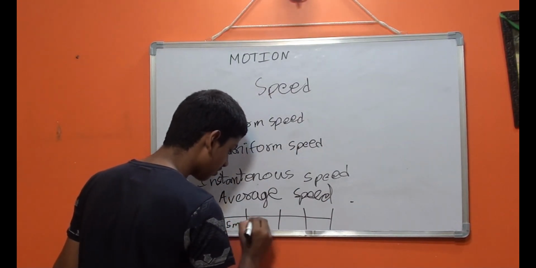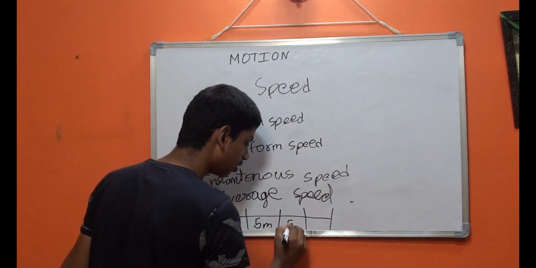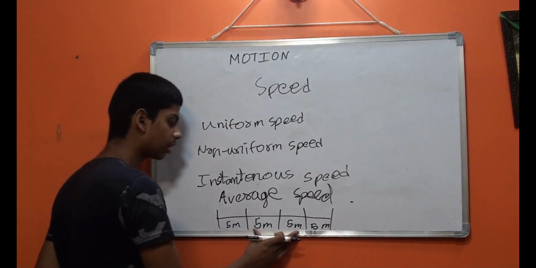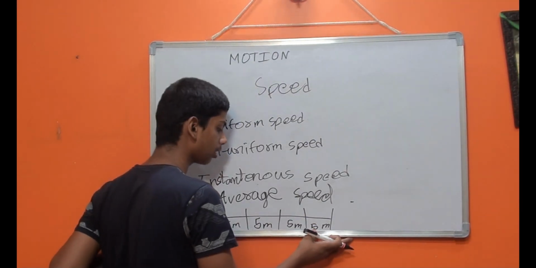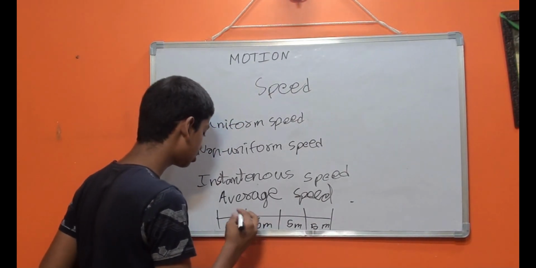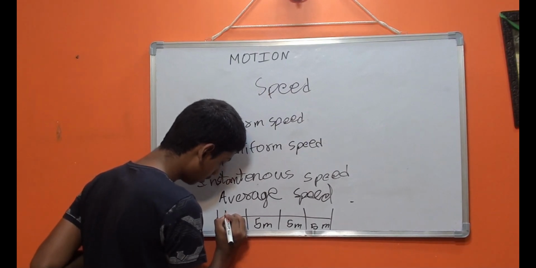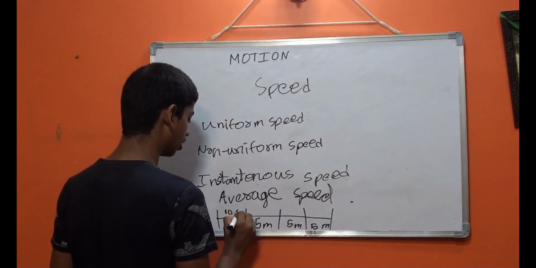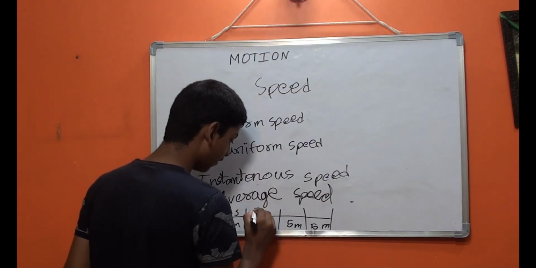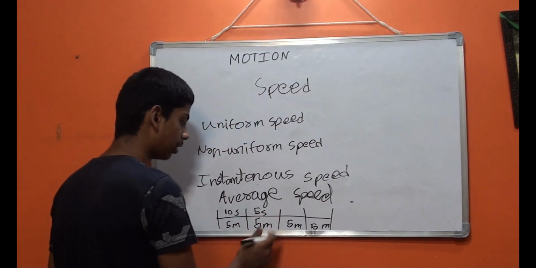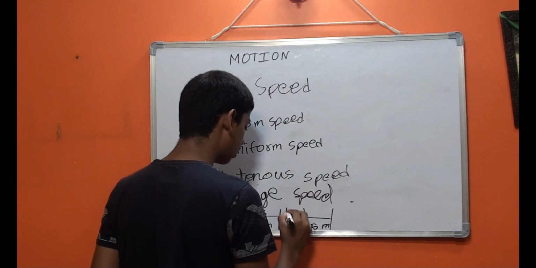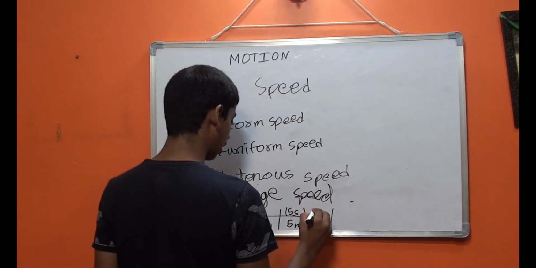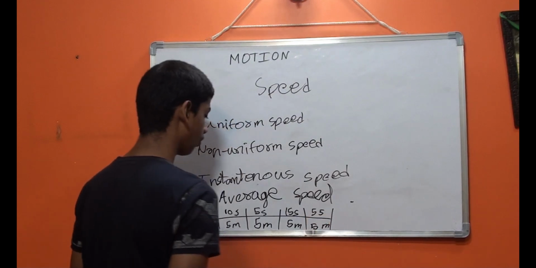Let's take 5 meters, 5 meters, 5 meters and 5 meters, which are equal intervals of distance. It took this guy 10 seconds to cross this part, 5 seconds to cross this part, then 15 seconds to cross this part, and again 5 seconds to cross this part.